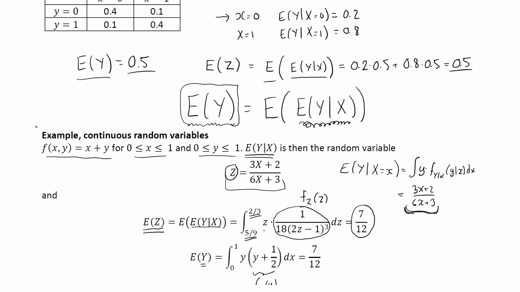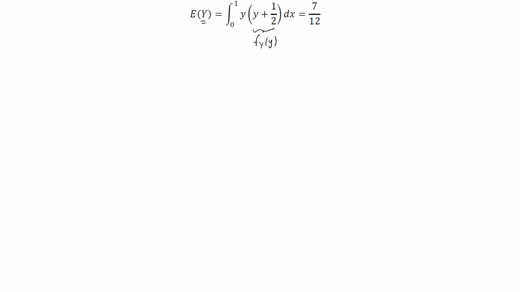In these examples, of course, the unconditional expectation was much simpler, but we simply use these examples to show that this result holds. Let's look at the proof of the law of iterated expectations. It's not a particularly important proof, it's just a nice exercise demonstrating how to manipulate various distributions.